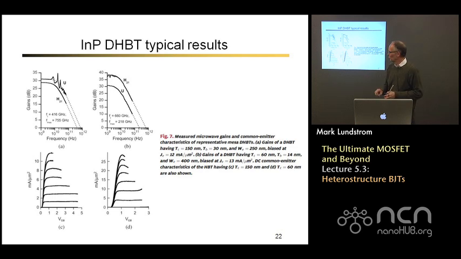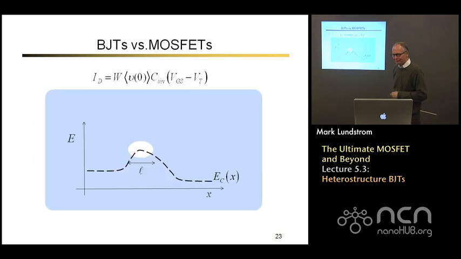When the gain is less than 1, you don't have anything useful. So that's a figure of merit, and you can see those figures of merit up there in hundreds of gigahertz and approaching terahertz. So these are really high frequency devices that operate at these two key figures of merit that we will discuss very briefly in the last lecture this week. And they're up there in this near terahertz regime.